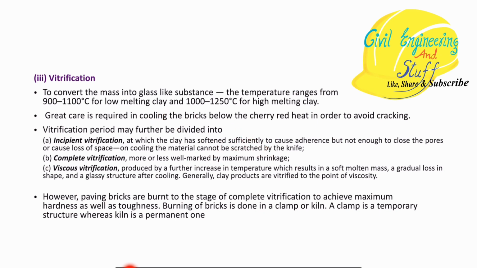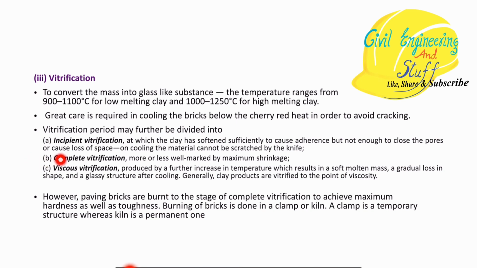And if we remove the brick during the incipient vitrification, though the brick will be stronger from the outside, its core is still soft, right? So the final brick that we get is of poor quality, right?